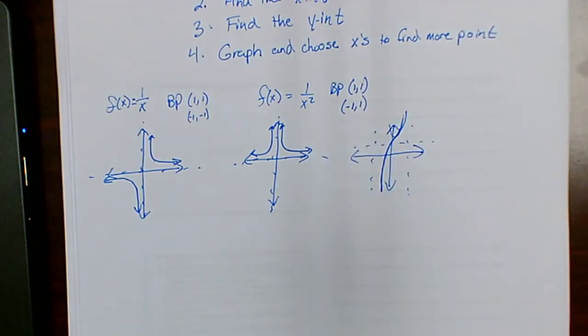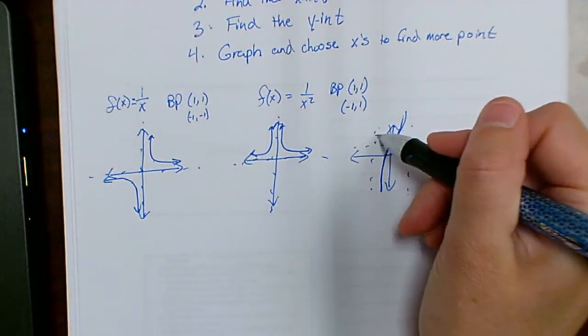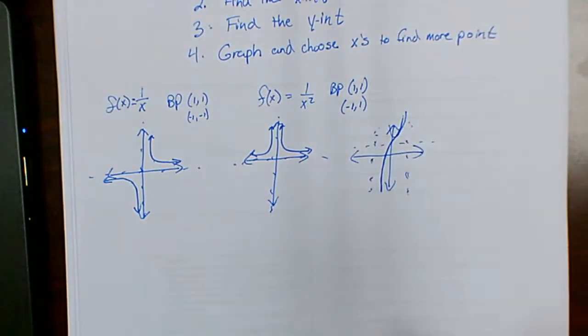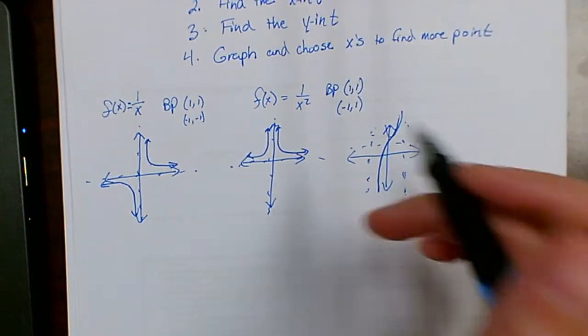Okay, so with a middle partition, you will get something a little different. But as I said, you can choose the x's that you want, and you can find more points. So let's go ahead and graph some of these.